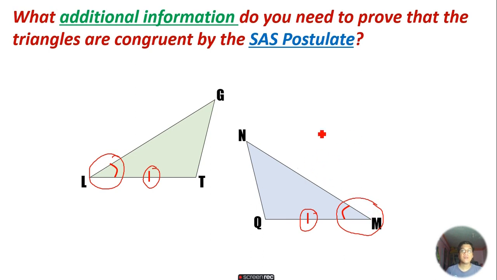So what we're going to get are these sides, for the angle to be included. So the additional information would be side LG is congruent to side MN. Alright, so this is our additional information. So it's already complete. We have the side, we have the included angle, and also the side. So similar with this: side, angle, and then side.